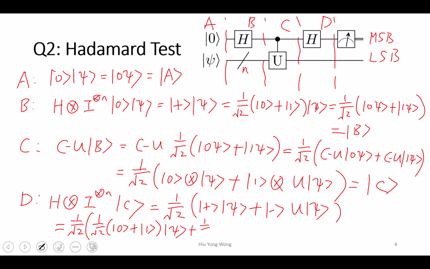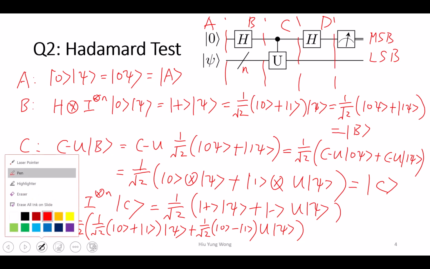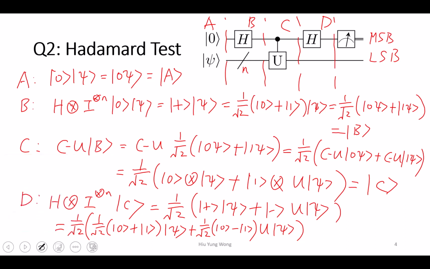Similarly, I get 1 over square root 2 times (0 minus 1), and then this applies to U, applied to psi, okay? I'm running out of space, but I still want to put it on the same slide so that you can see it easily. So I continue here. 1 over square root 2 times 1 over square root 2 gives me 1 over 2.